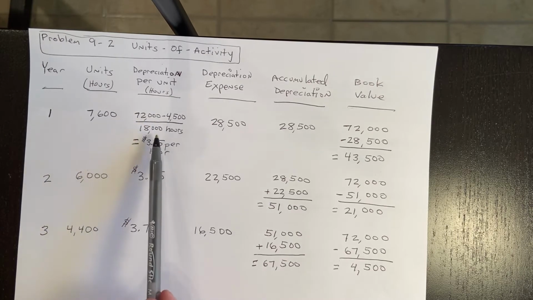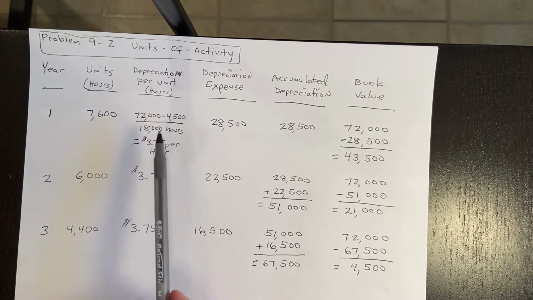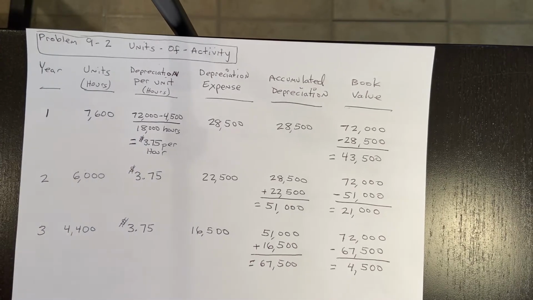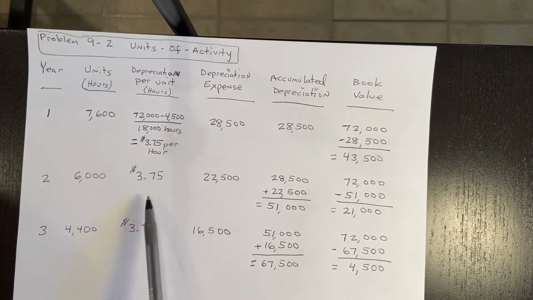Then I divided it by the hours. So it's cost minus residual value over, in this case, the total amount of hours that were given, which was 18,000. That breaks down to $3.75 per hour, and I'm going to use that every year.